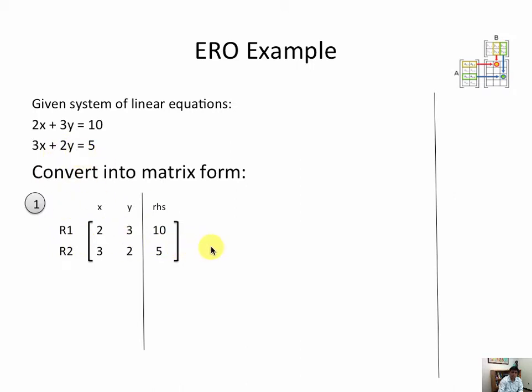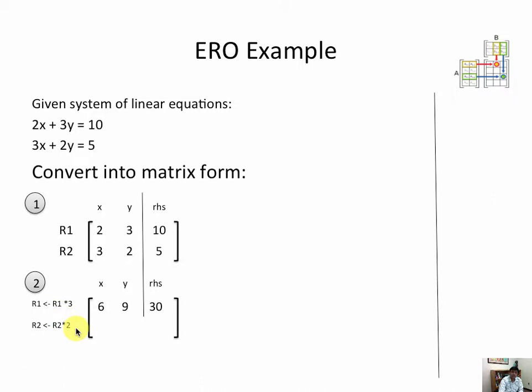Now we are going to assign the value of row 1 as the current value of row 1 multiplied by 3. If we multiply row 1 by 3 and substitute that in the matrix, we get 3 2s are 6, 3 3s are 9, 10 3s are 30. Then similarly we multiply R2 by a non-zero constant and substitute it in the new matrix.